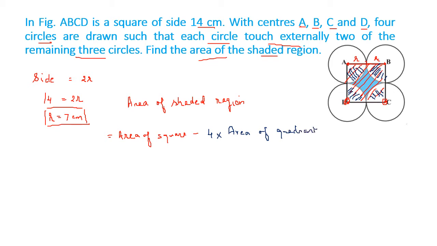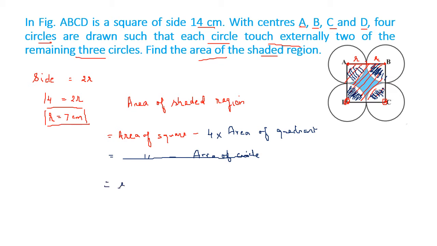You can see, if you add these four quadrants again, you will get one whole circle. So you can write area of shaded region equals area of square minus area of circle, but we will just use the formula above. This is just for writing.